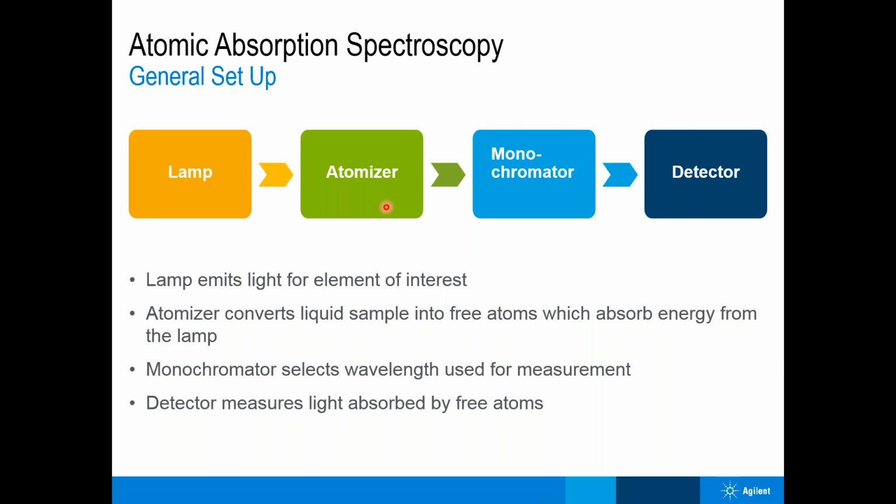Then third is the monochromator, which selects the wavelength used for the measurement of the analyte. The last is the detector, which measures the light absorbed by the free atoms.